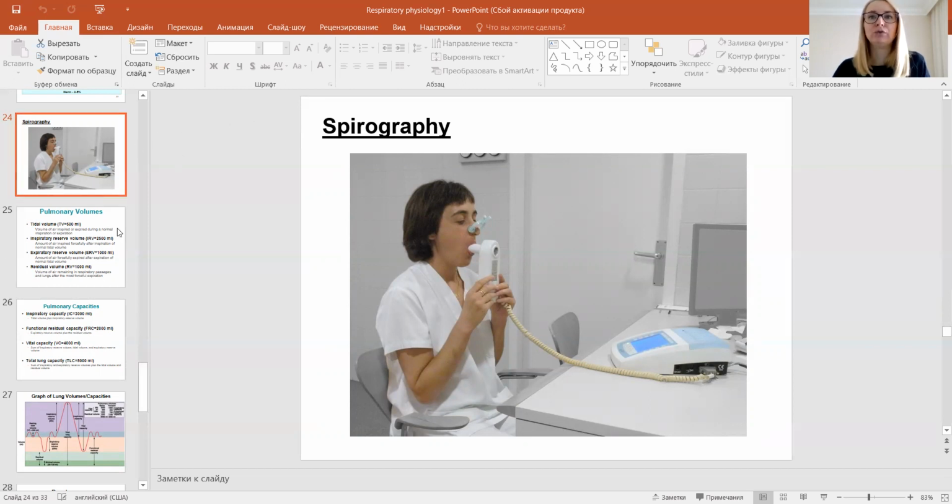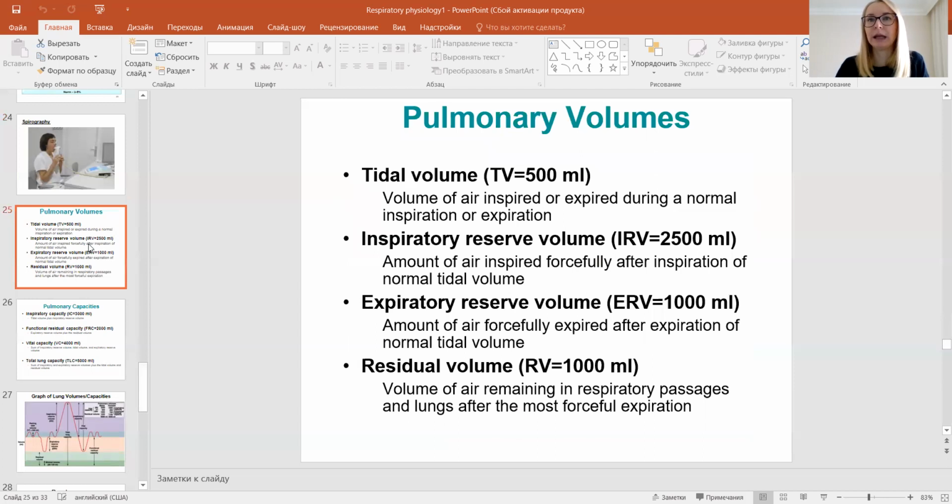So the quantitative values of lung volumes and lung capacities can be obtained with the help of spirography.